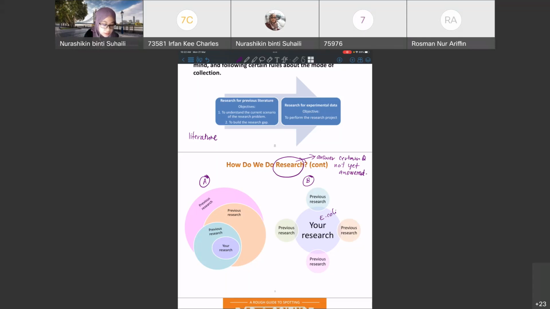E. coli is a very popular strain, but there are some people that have also studied E. coli on, for example, media. Media adalah food kepada bacteria, but they haven't studied, let's say, something else. This is what is meant by overlap kan.